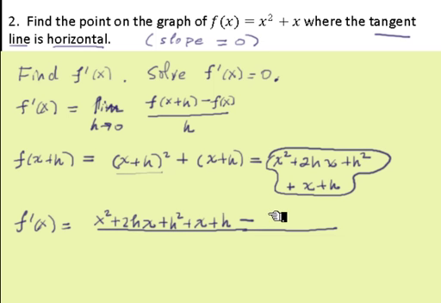Now use parentheses here so that we get the signs right. Here's our f of x over h. Okay, let me not forget the limit as h goes to 0.